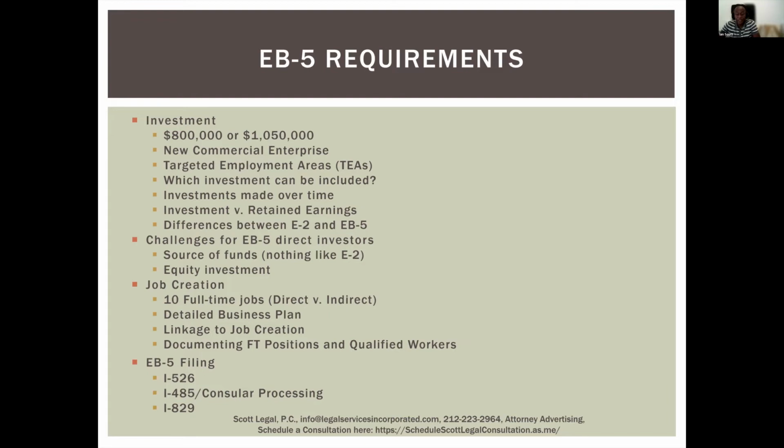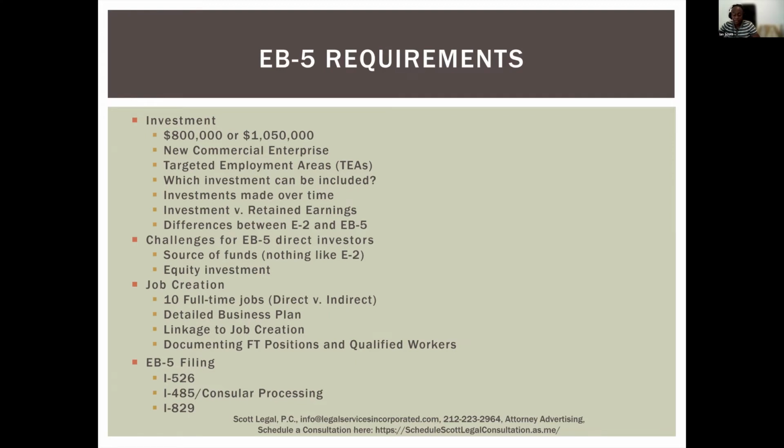The only thing to keep in mind is that if you want to qualify for the TEA area, the particular location of the business has to be in a TEA every time you make an investment. Otherwise, you have to jump up to the $1,050,000 mark.